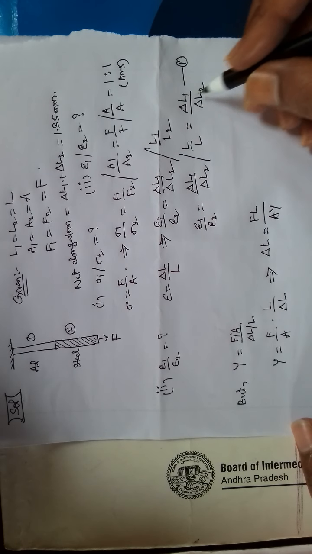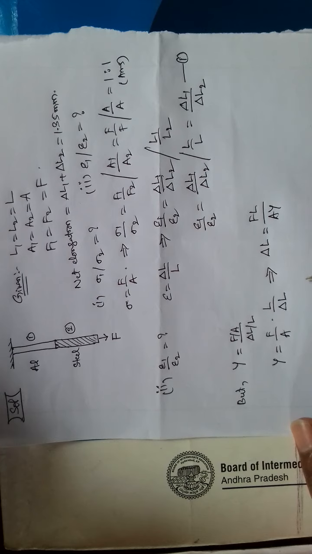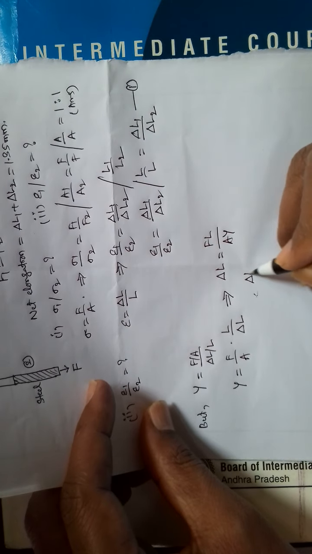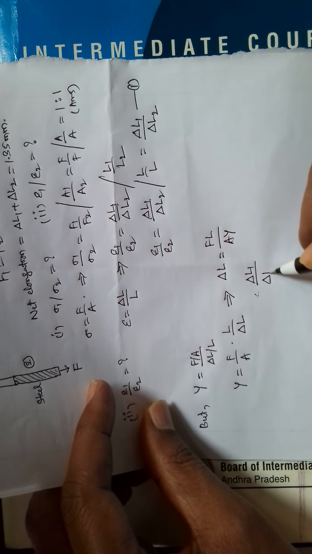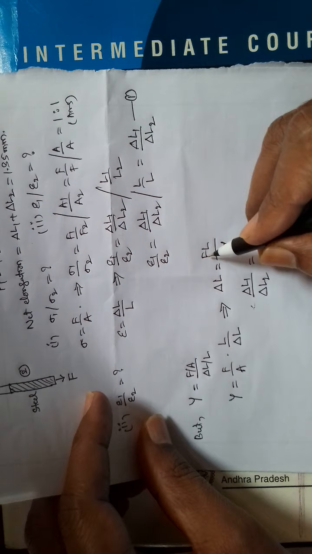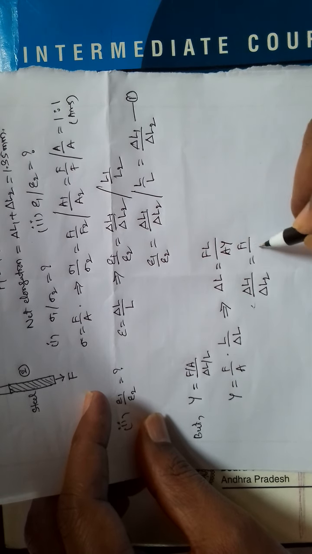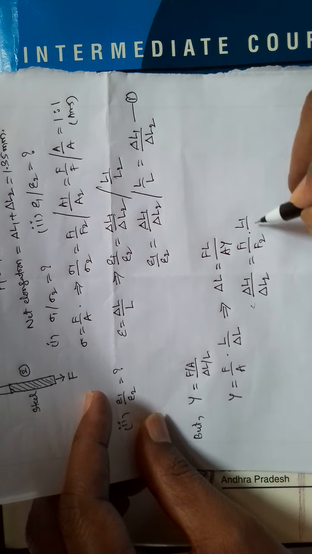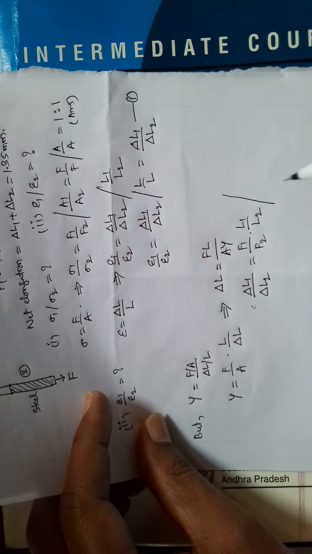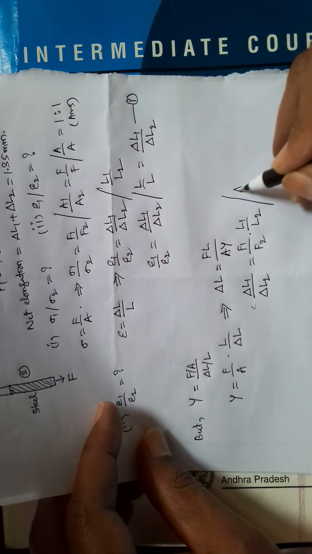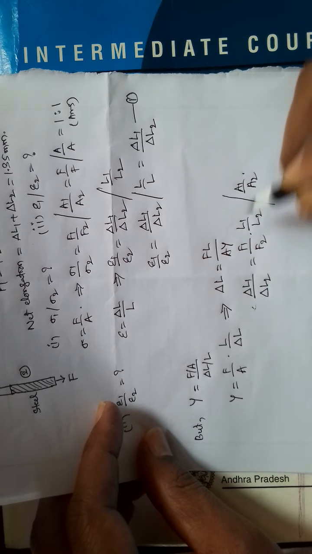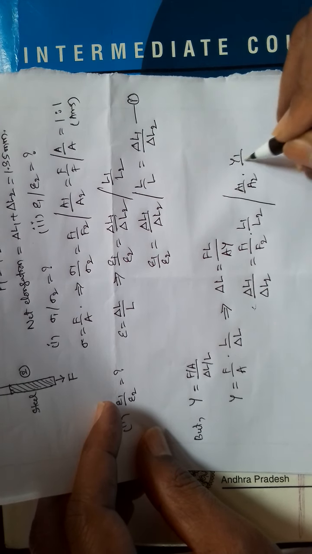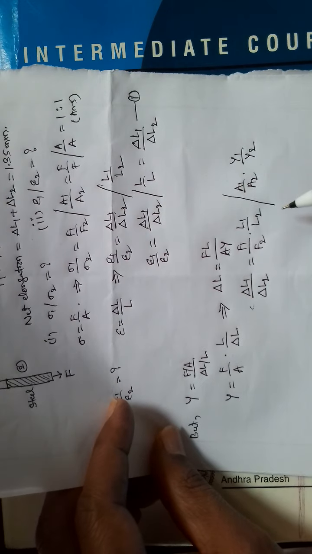So now we want this, therefore let us write delta L1 by delta L2 is equal to, for F you write F1 by F2, for L, L1 by L2, divided by, for A, A1 by A2, for Y, Y1 by Y2.